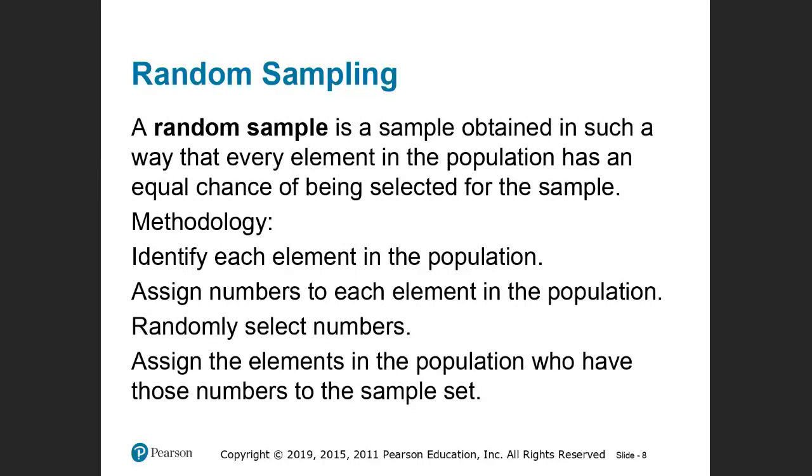Methodology: identify each element in the population, assign a number to each element in the population, randomly select numbers, and assign the elements in the population who have those numbers to the sample set. So this is a strategy for how to take a random sample.